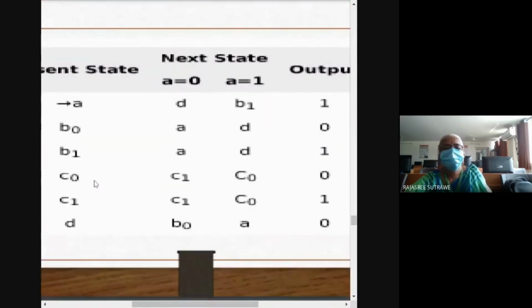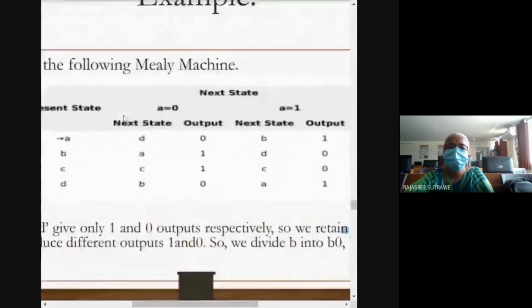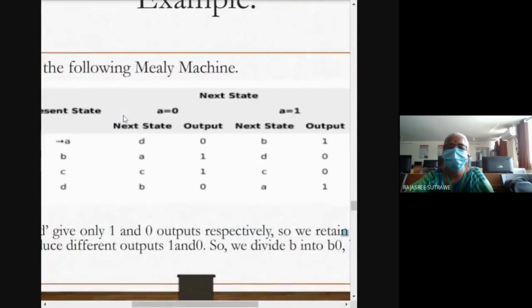Okay. So is this clear now to all of you? Is this clear? This is converting Mealy to Moore machine. So based on this we have converted. So same state we have to consider, same output we have to consider.